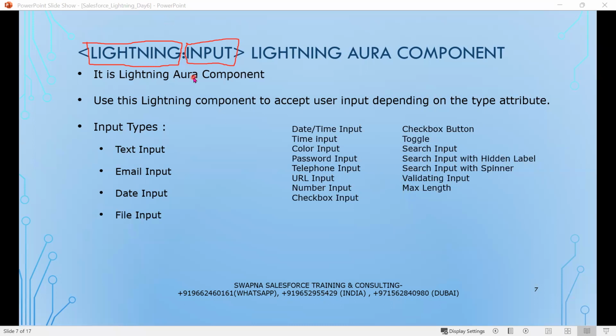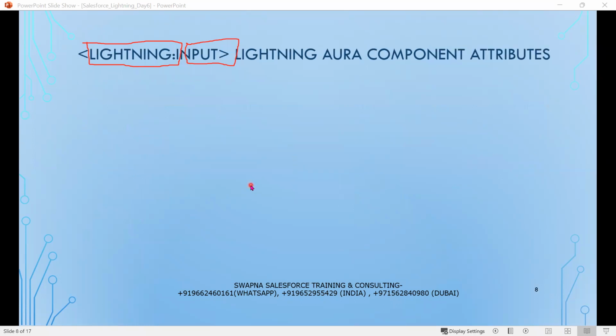lightning:input is a Lightning Aura component. It is used to accept user input, depending on the type of attribute. Now, what are the attributes inside lightning:input? There are many attributes, but we are going to focus on only a few.